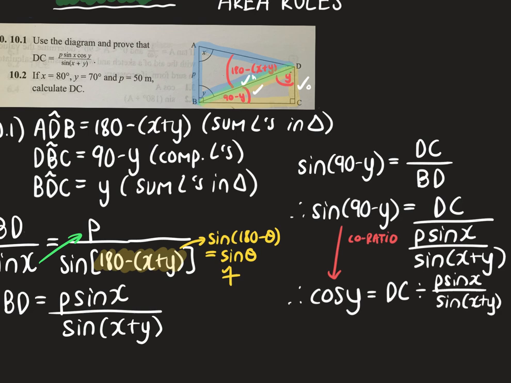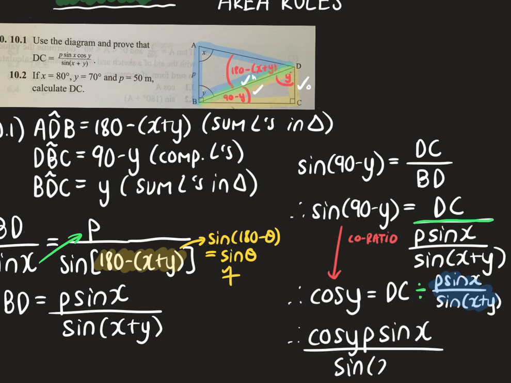All I've done is change this fraction line into a divide. Now, how do you get rid of something that's dividing? You times it. So I'm going to times both sides by this fraction to get DC by itself. So that's cos y P sine of x all over sine of x plus y equals DC.